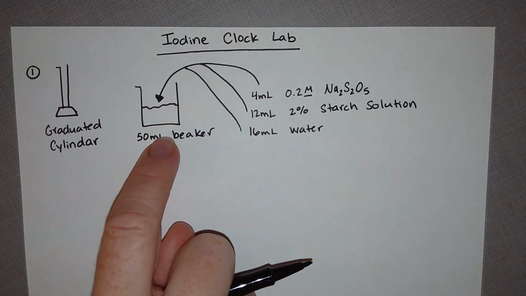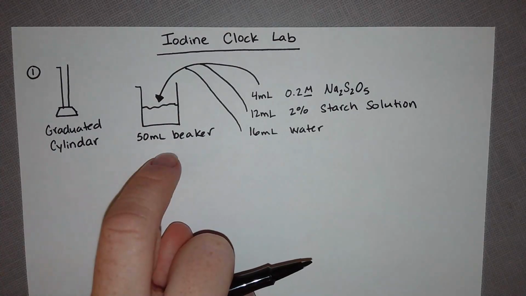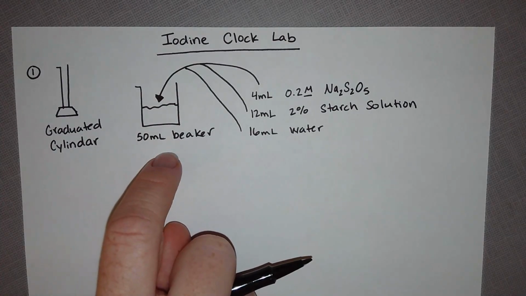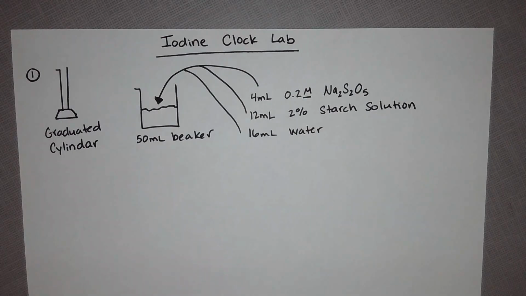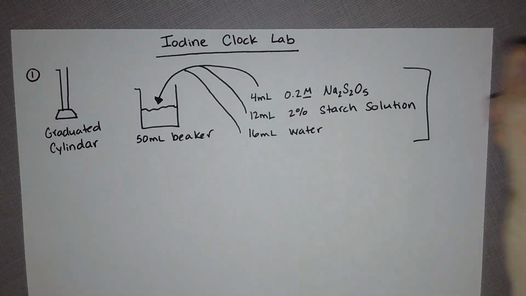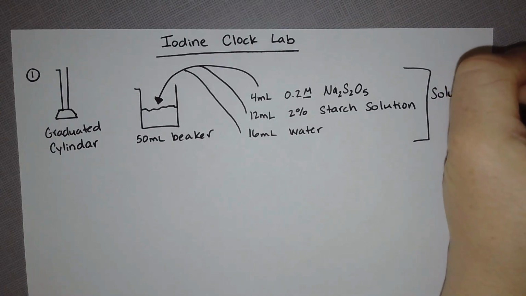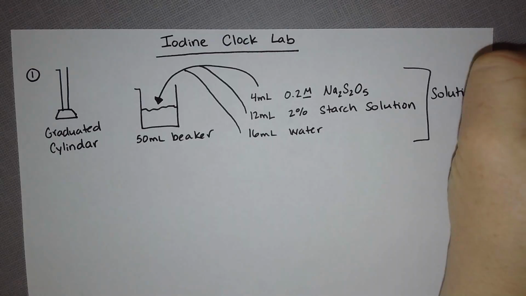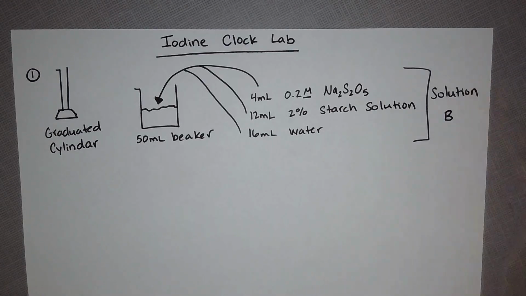But what we should be left with at the end is a 50 ml beaker with approximately 32 milliliters of solution in it. And this is going to, the whole thing, be called solution B.